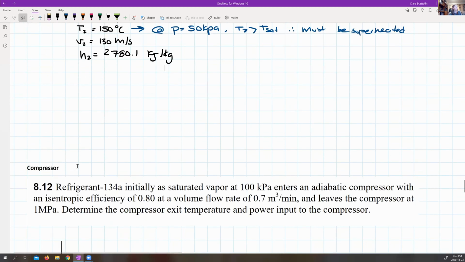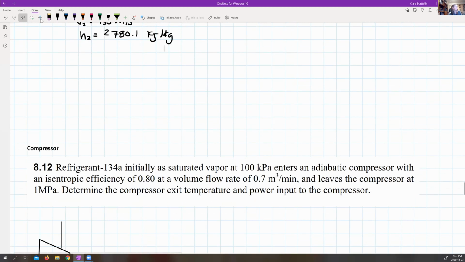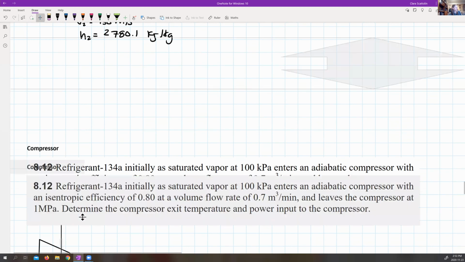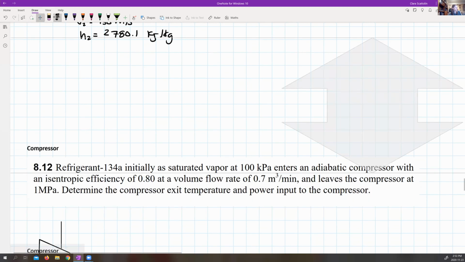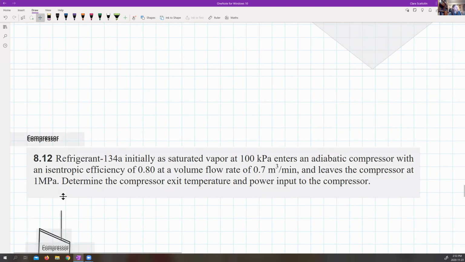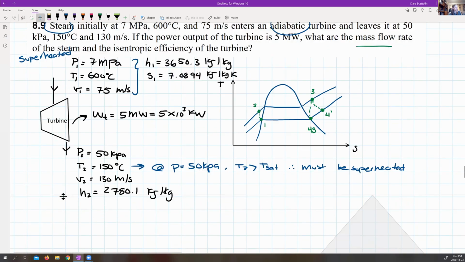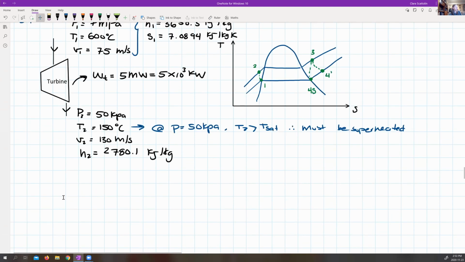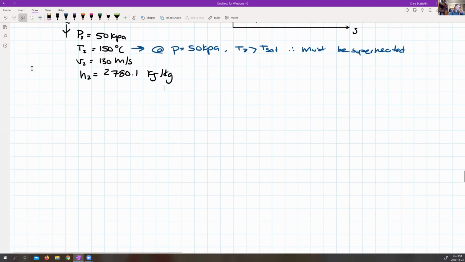I'm going to start by solving for the mass flow rate. So I'm going to need to look at the first law equation.